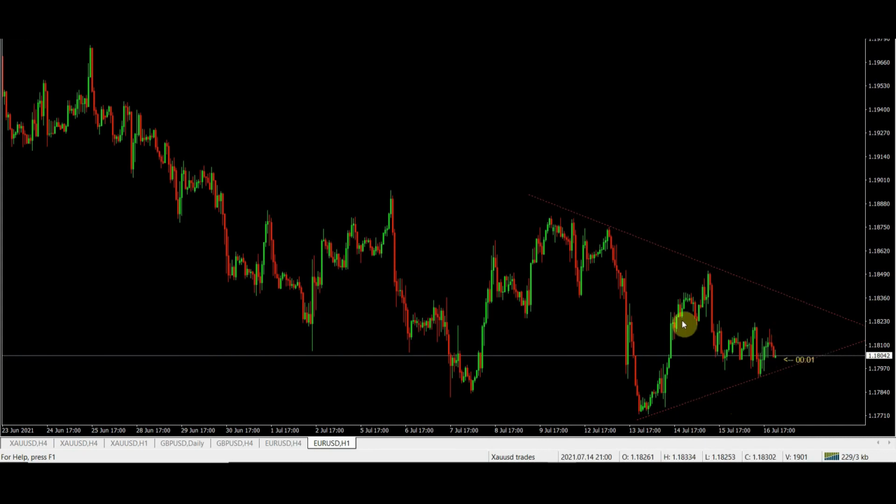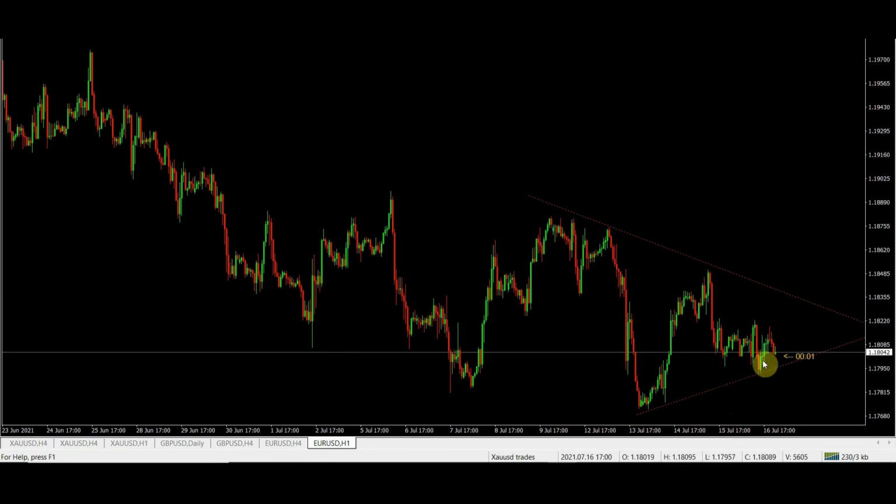Currently, as you could see here, we actually have a triangle. Price has already been testing the support of this particular triangle. Like I said, this is the support of the triangle. As you could see, the price came back to retest this particular region before continuing upward.